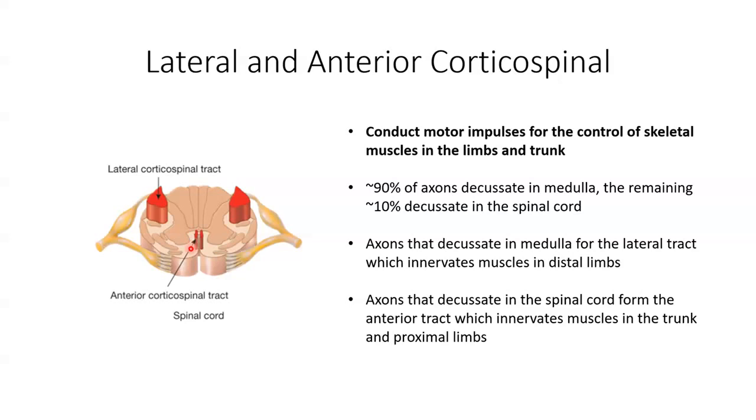And at each spinal cord level, these axons will decussate or cross over, and that's where they will then synapse with the lower motor neurons and exit via spinal nerves to innervate skeletal muscle that controls movements of the trunk and the proximal parts of limbs. So our trunk or our midsection, kind of our shoulders and our hip regions. Now these movements will be larger and stronger, but less precise than those achieved by the hands and the feet.